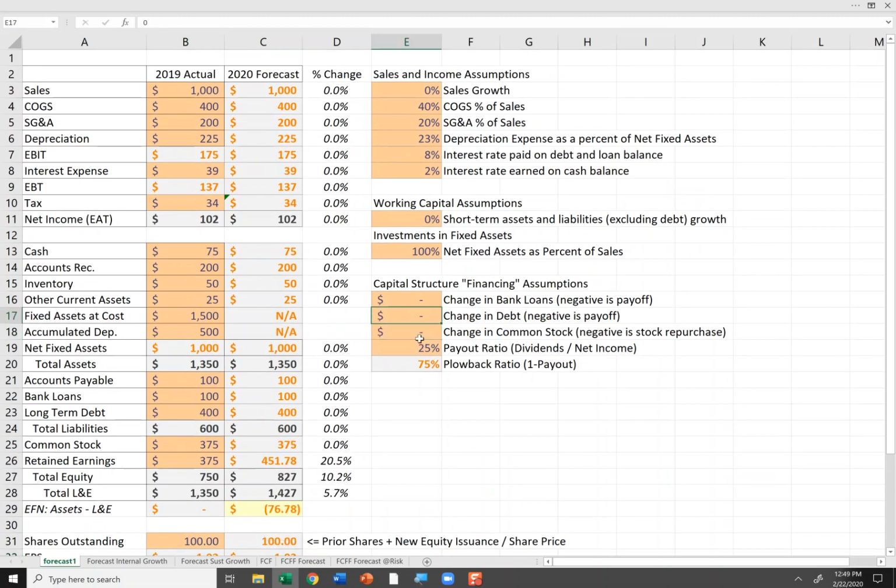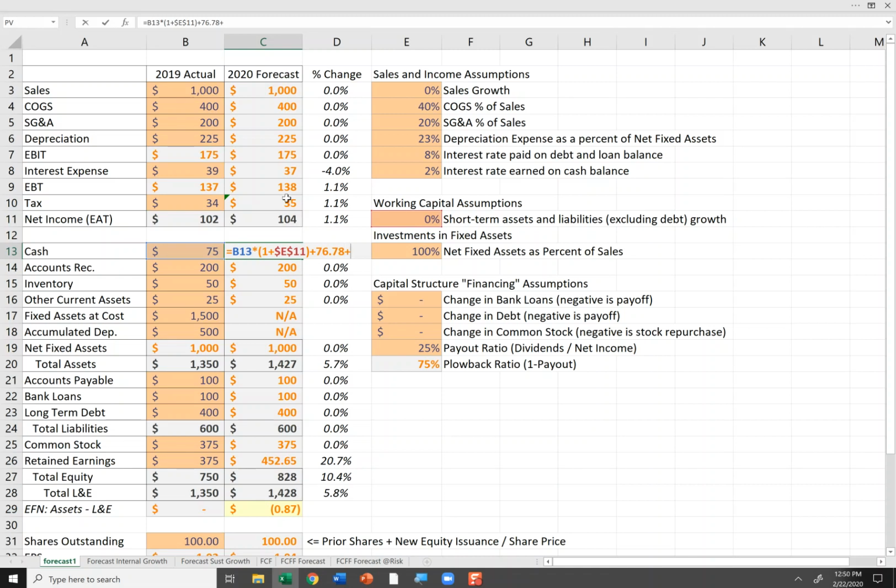Or I could do a mixed strategy again. Another strategy, I hate to do this with a spreadsheet, but you could just hold that extra money as cash. So I could just hold that extra 76.78 as cash. Notice it doesn't balance because I generated some extra interest income.